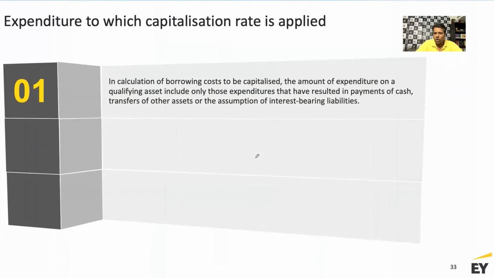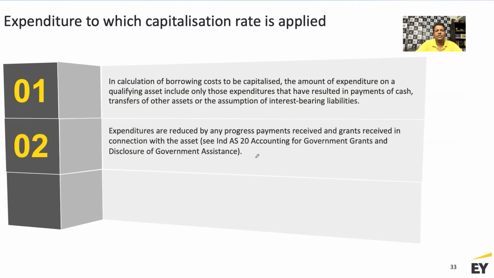In calculation of borrowing cost to be capitalized, the amount of expenditure on a qualifying asset includes only those expenditures that have resulted in payment of cash, transfer of other assets, or the assumption of interest-bearing liabilities. Expenditures are reduced by any progress payment received and grants received in connection with the asset.